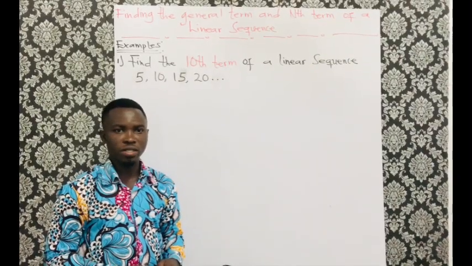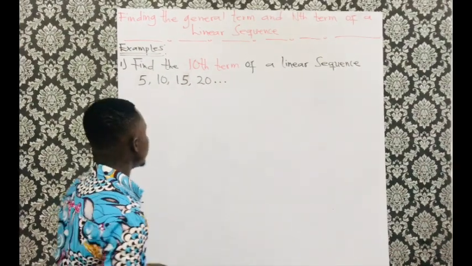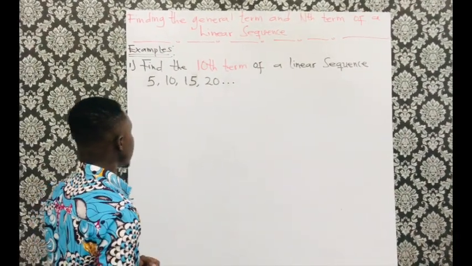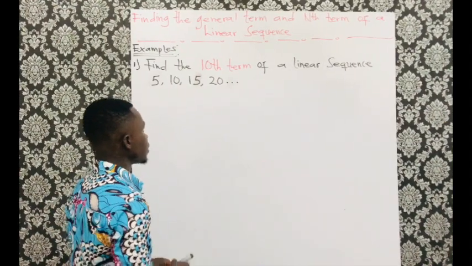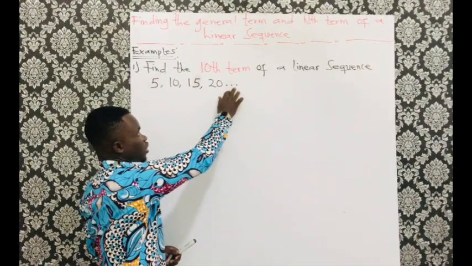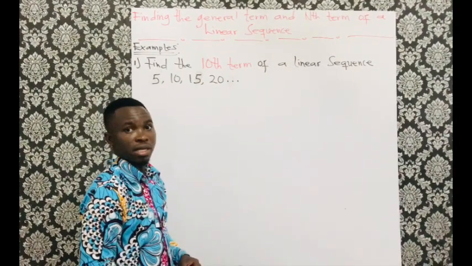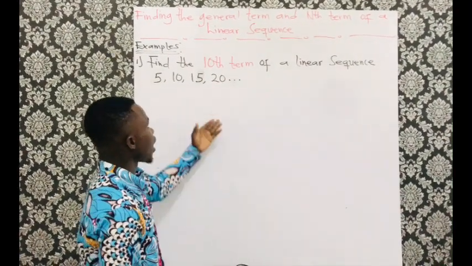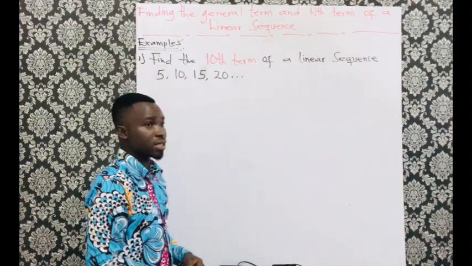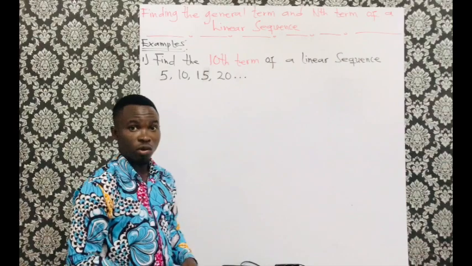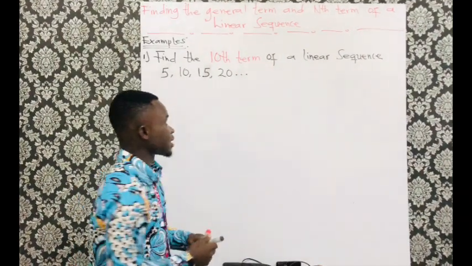Let's take some examples. Example 1 says you should find the 10th term of a linear sequence 5, 10, 15, 20, and 3 dots. The 3 dots means it's up to infinity, which means the last term is unknown. So to find the 10th term of this sequence, we have to put down our general formula for finding the general term of a linear sequence.